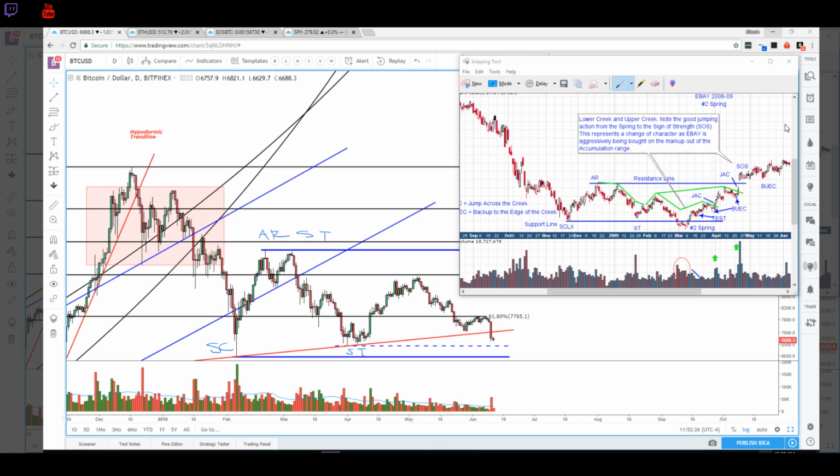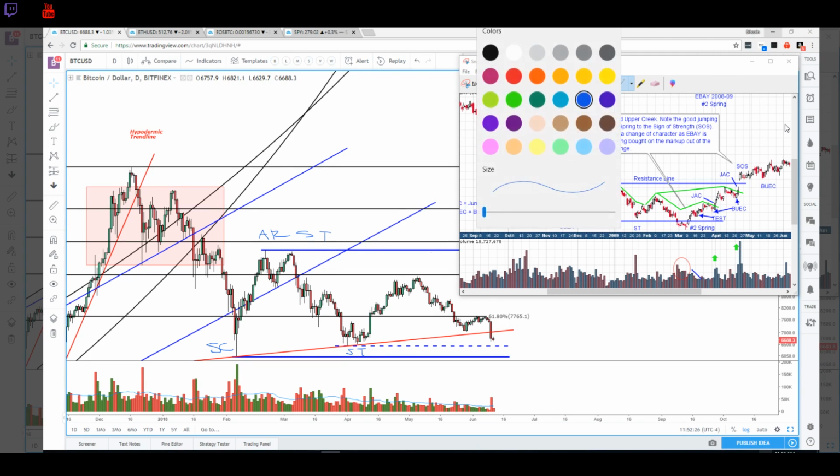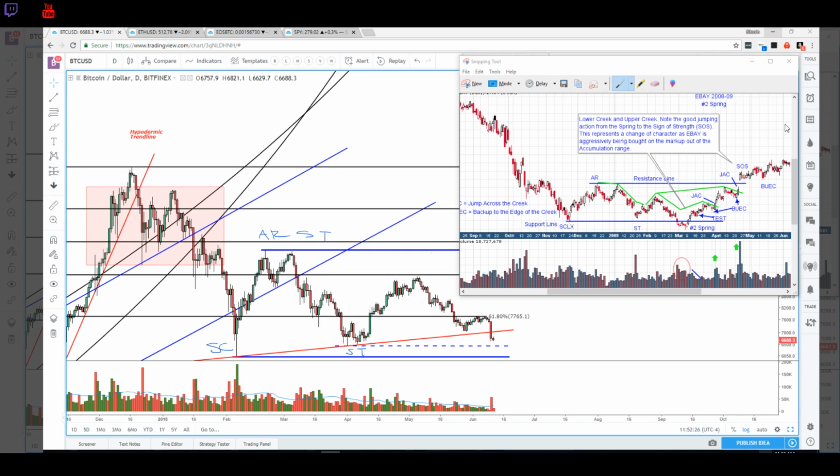What's important to keep in mind here, and this is the best argument it has going for it, is not only the price structure, which is uncannily similar, it's the volume structure. As we approach the selling climax, let me add this on here so we have some consistency. Let's label the volume structure, because that's really what's important here.